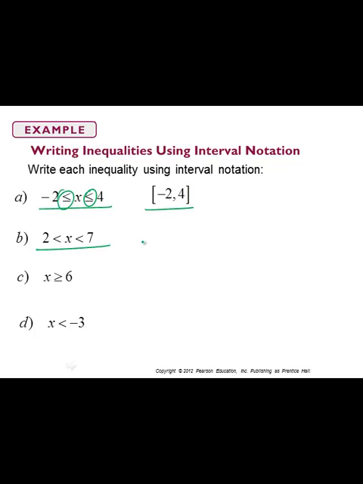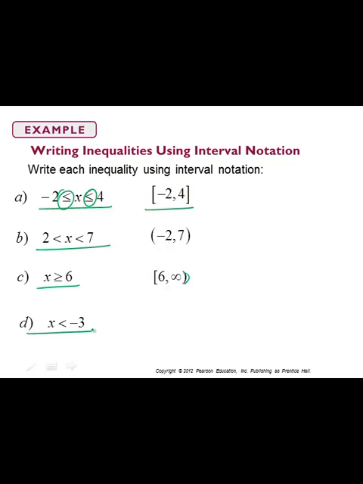Or the set of numbers greater than negative 2 but less than 7. So here we are, we're going from negative 2 to 7 with the open parentheses. The set of numbers greater than or equal to 6, so we'll just have the square bracket with the 6, comma, infinity, closed parentheses there.